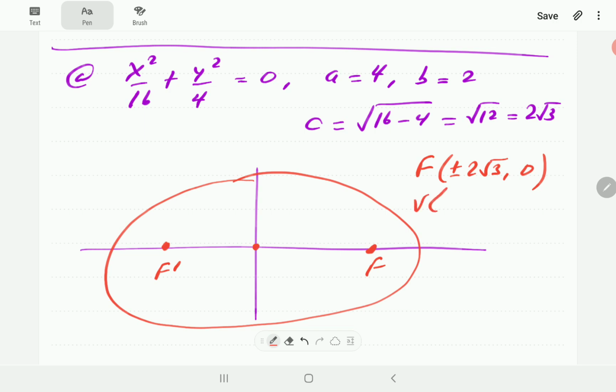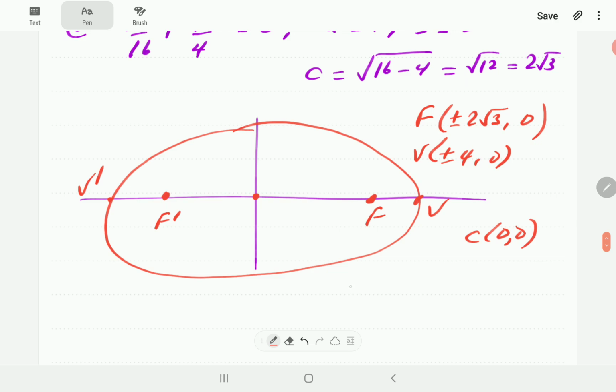The vertices are going to be at distance plus or minus 4, so one vertex here, another vertex there. And then of course the coordinates of the center is at (0, 0).